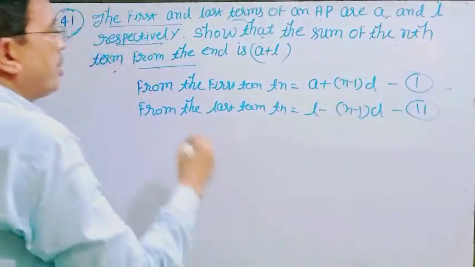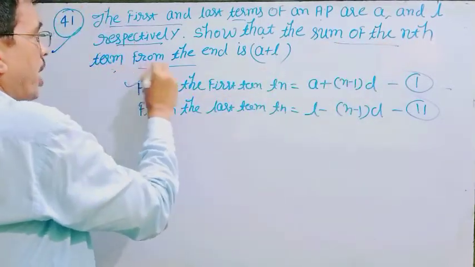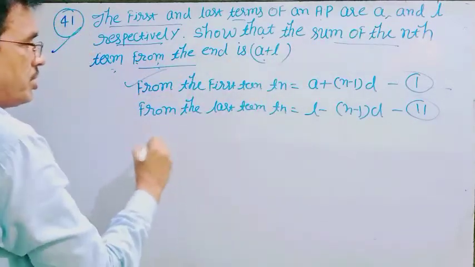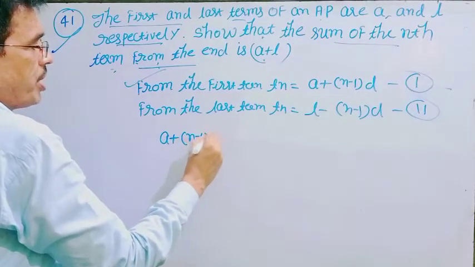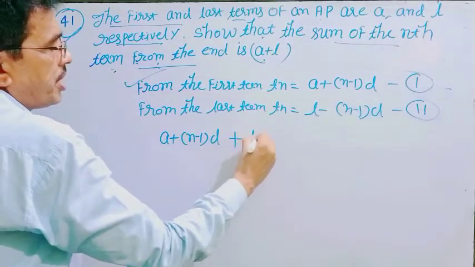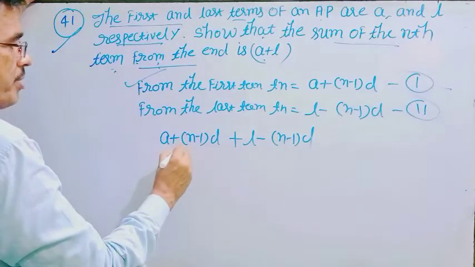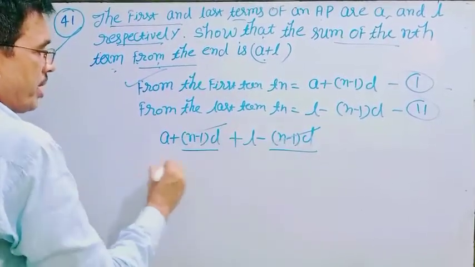There are two equations. Your question is that the sum of the nth term from the last and from the starting is A plus L. So you add it: A plus (n minus 1) into D plus L minus (n minus 1) into D. What do you get? It is plus (n minus 1) D, and it is minus (n minus 1) D, so both are cancelled.